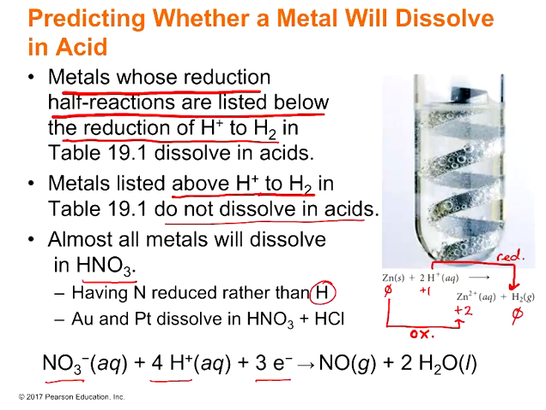So that makes this a little bit different. And that means that anything listed below nitric acid on that table can be reduced by nitric acid. Now, there are some metals that typically don't corrode when they come into contact with acids, such as silver, gold, and platinum. However, silver and platinum can dissolve in nitric acid and hydrochloric acid mixed together. So there are ways to corrode those particular metals.